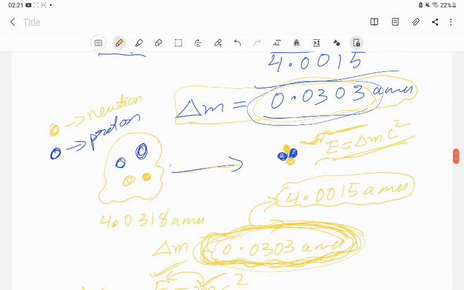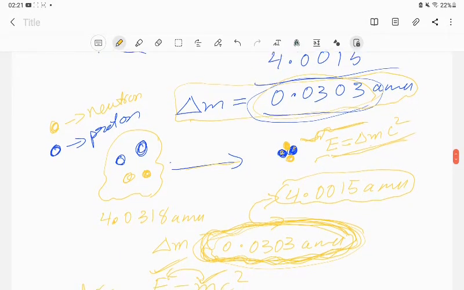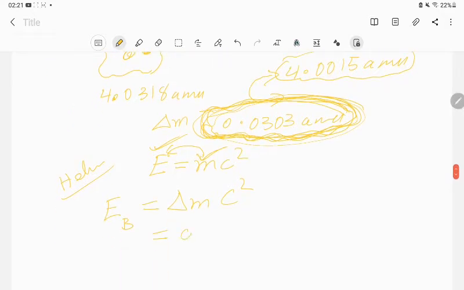So it is 0.0303 into c square, and the energy is in joules.